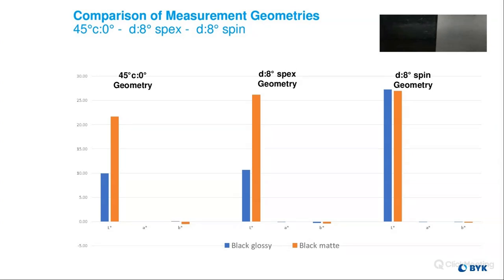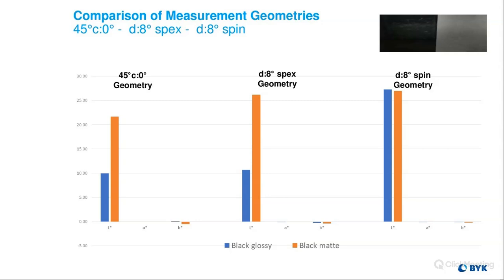So here you have all three of those methods compared together. You have the 45-0 geometry compared to the D8 specs and the D8 spin. And you can see here that the 45-0 is slightly the same as the D8 specs, with a few differences here with the L value and the A value, whereas the D8 spin method is completely different.